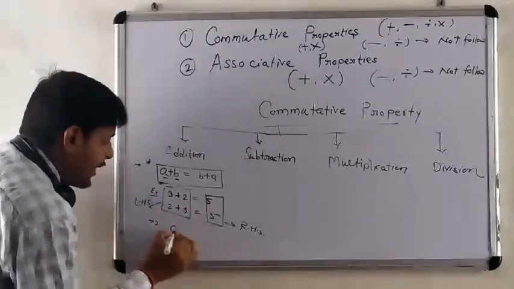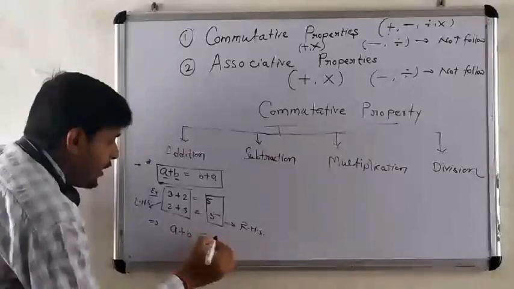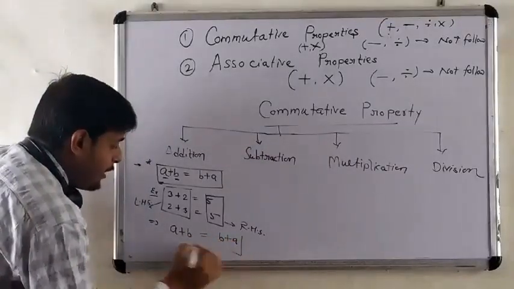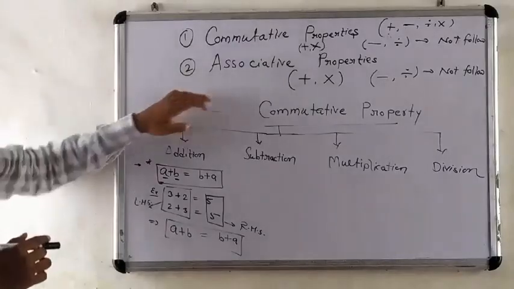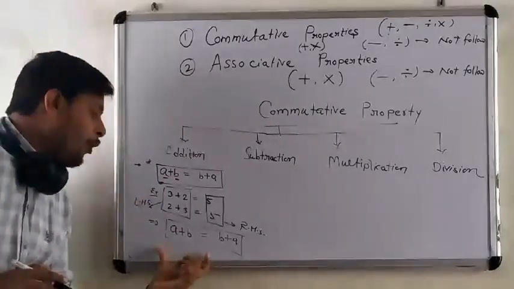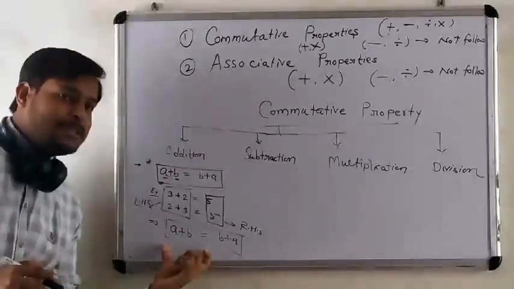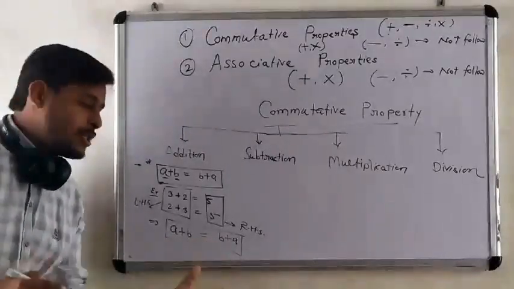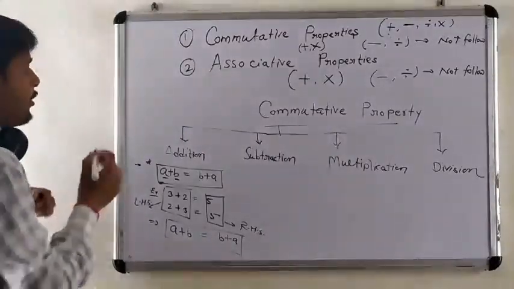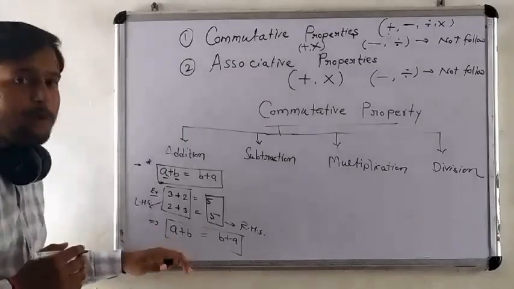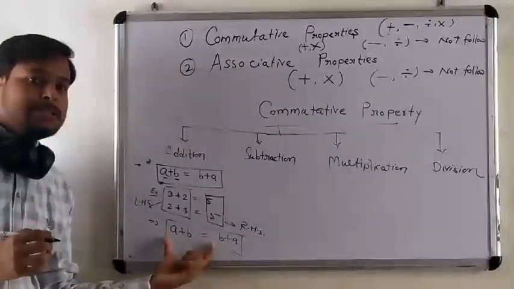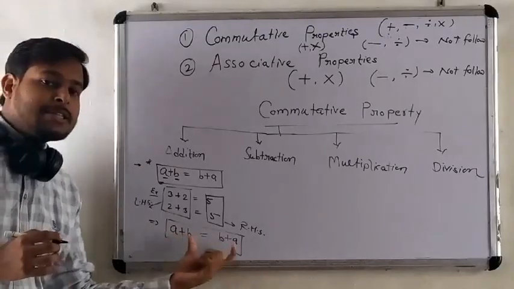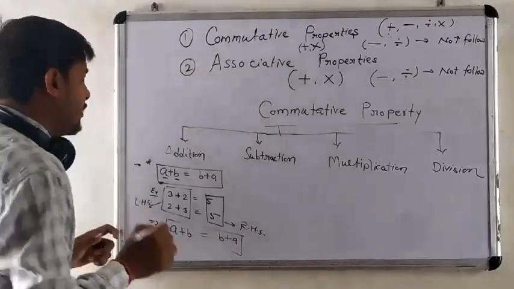Thus we can say A plus B equal to B plus A. Means in commutative property, order of integers addition does not affect result.